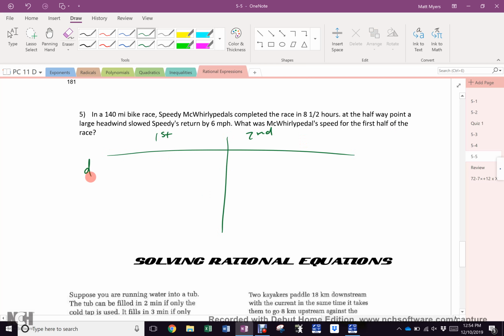Do I know the distance? Okay. So what's the first distance I know? 70. And what's the second half? Certain other classes had a lot of trouble figuring that out.